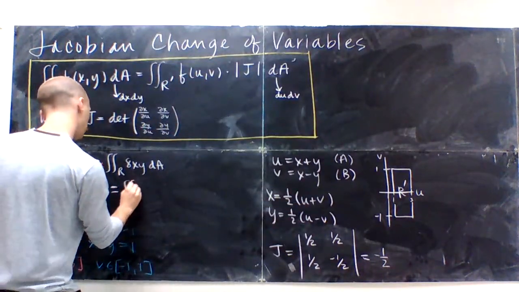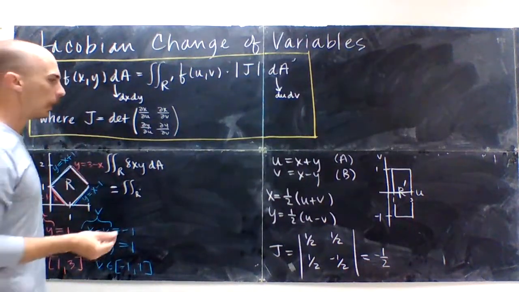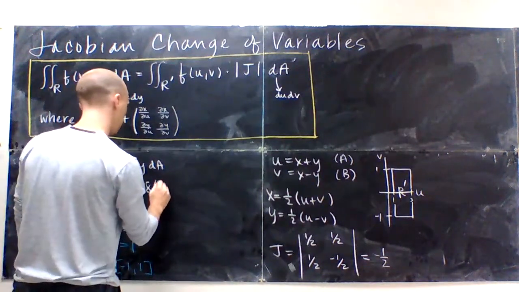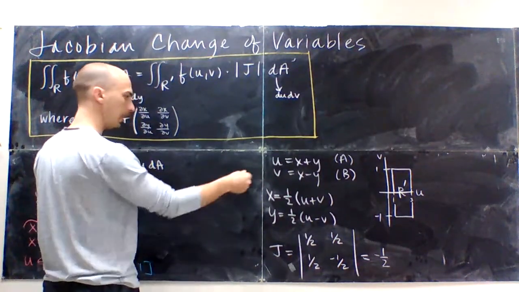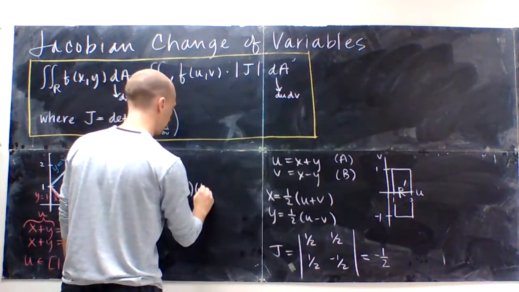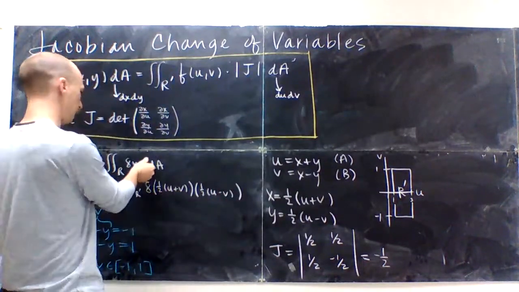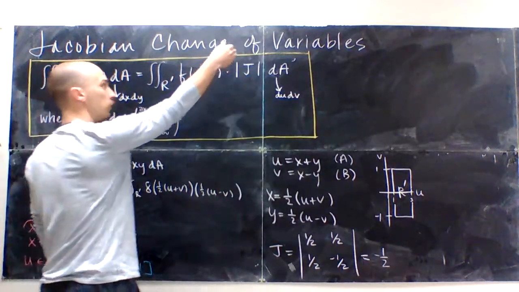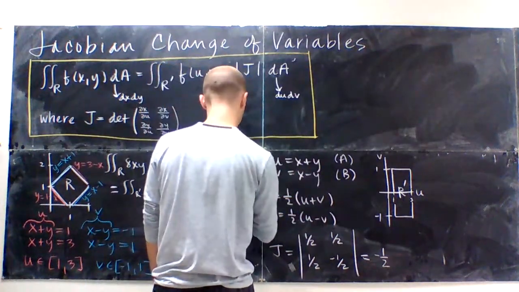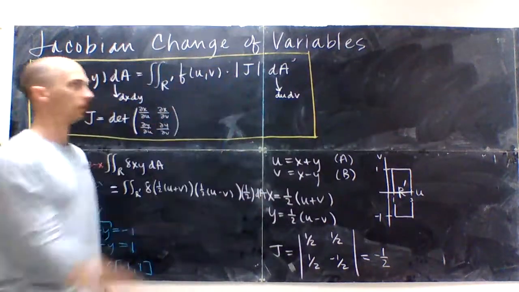So I've got 8 times 1/2 (u plus v) times 1/2 (u minus v) times now the absolute value of J dA. So that's going to be times a half dA, where dA is du dv.